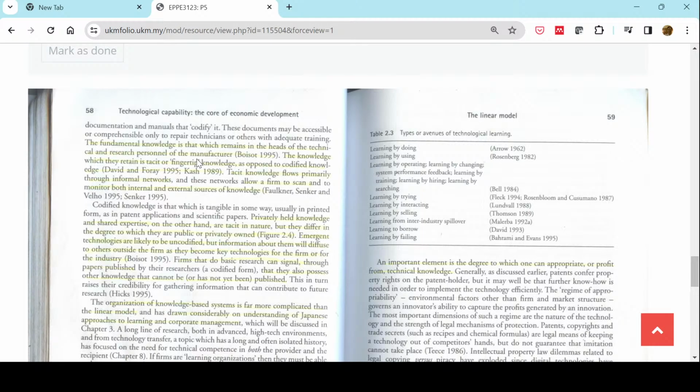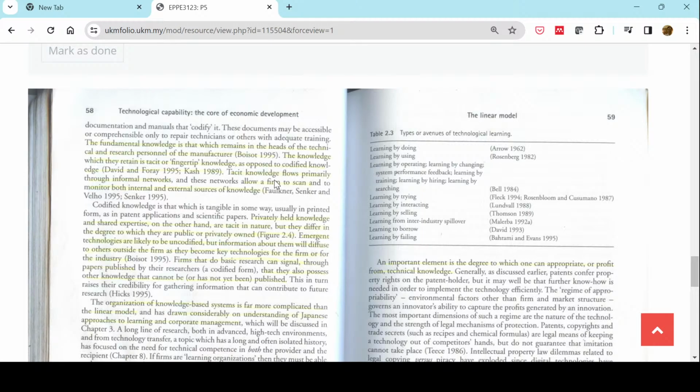The knowledge which they retain is tacit, or fingertip knowledge, as opposed to codified knowledge. Tacit knowledge flows primarily through informal networks, and those networks allow a firm to scan and to monitor both internal and external sources of knowledge.